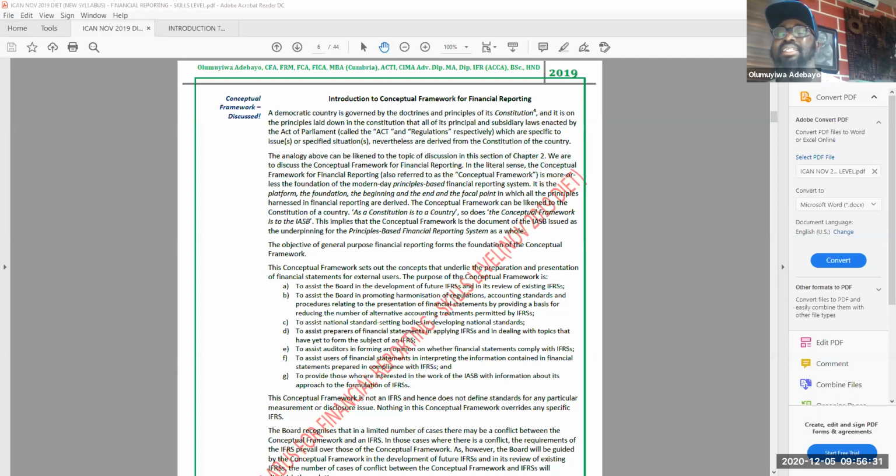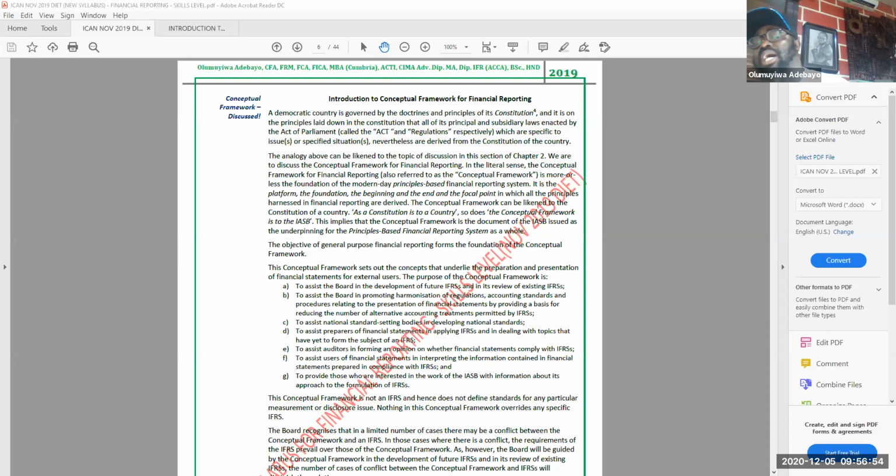The same way in Nigeria, where any regulation or law or act of parliament is to be enacted, it's always going to ensure that it's consistent and in compliance with the principle and the spirit of our constitution. Similarly, that is what happens with respect to the Conceptual Framework.